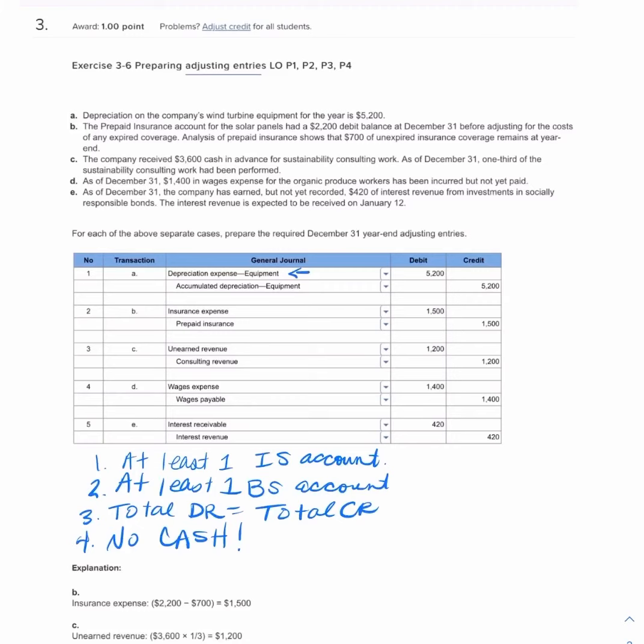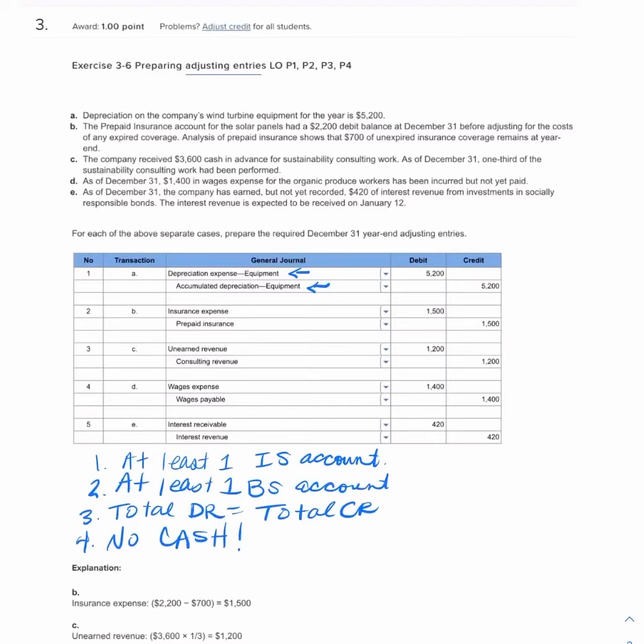Is that equipment? Is that on a truck? Is that on an oil well or an oil rig? What is it on? And then the credit will go to the associated accumulated depreciation account. And that's it. So if you learn that entry now, when we talk about depreciation in several chapters, you'll already know that journal entry. And it'll just be one less thing you've got to learn at that time.